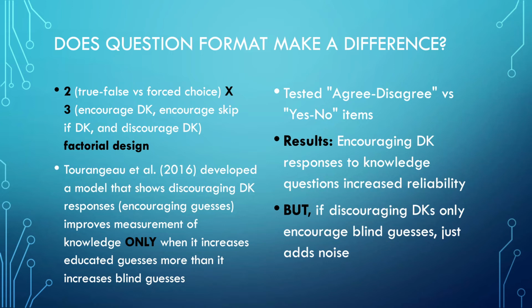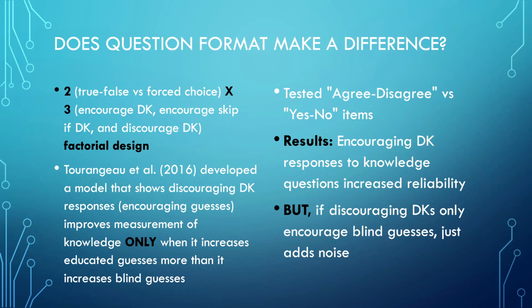Now, they wanted to look at whether pressing people to answer, whether they know or not, just adds noise or not. And that's what they actually found. But there's a caveat. If discouraging don't know encourages educated guesses based on pre-existing knowledge, then it increases validity. If discouraging don't know responses encourages blind guesses because we simply don't know, then it just adds noise.